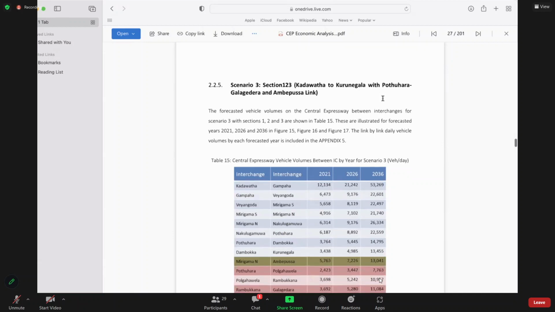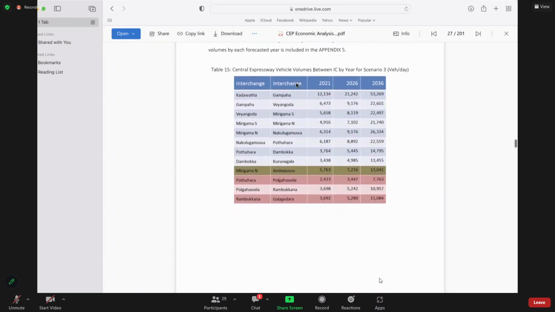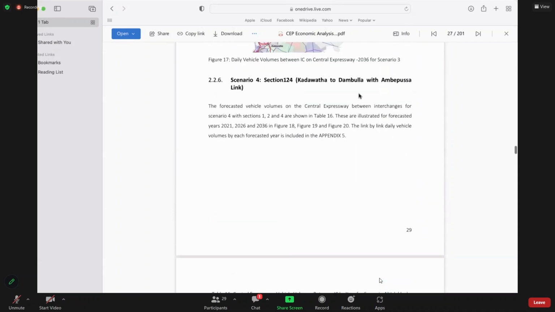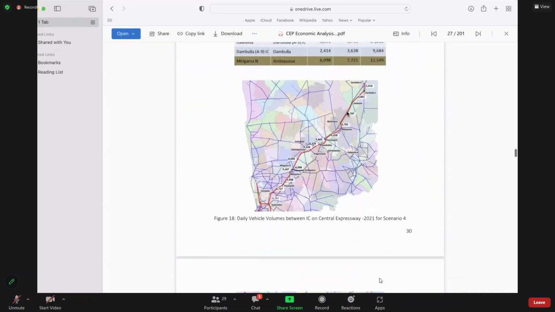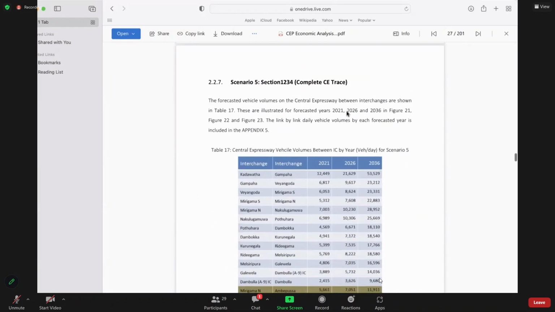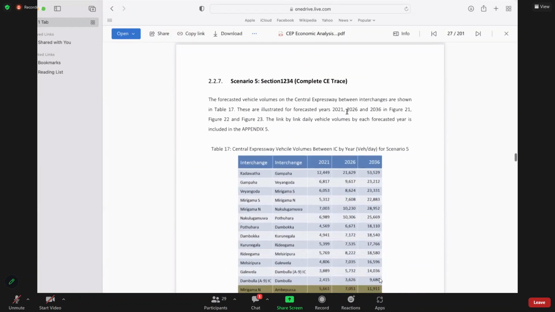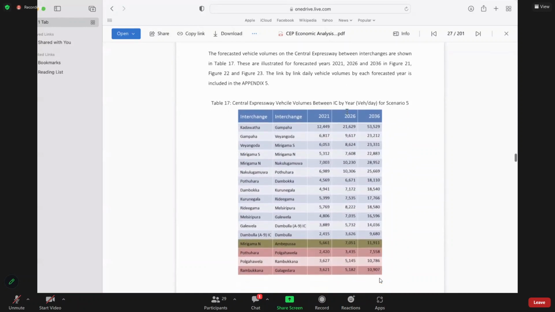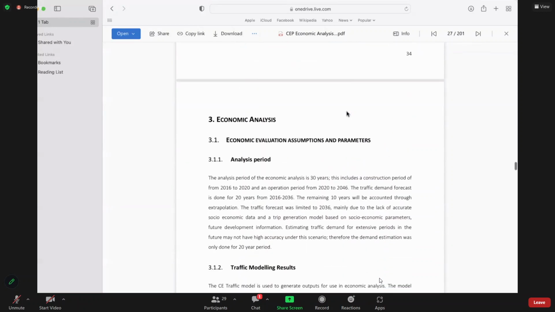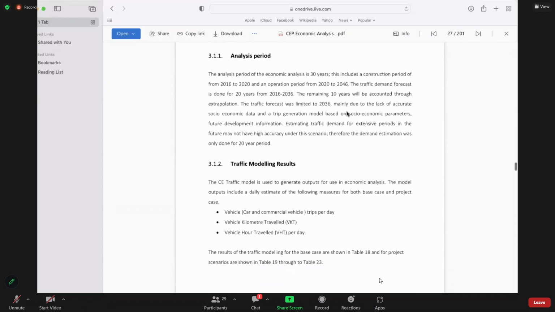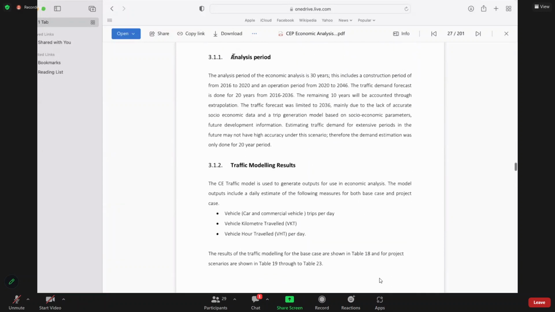Scenario 3 is Kadawathu Kurunagala with Kotuheragalagatru and Mambepusseling. So different sections are taken as different alternative project scenarios. Then the analysis period that they are considering for this analysis is 30 years, including a construction period of 4 years, and then the rest of it an operation period.